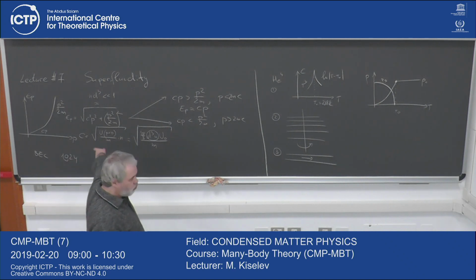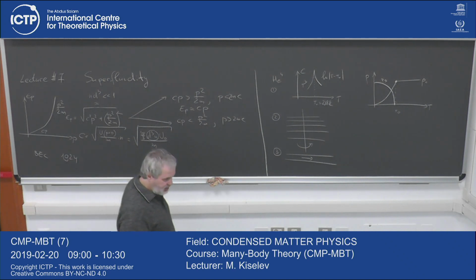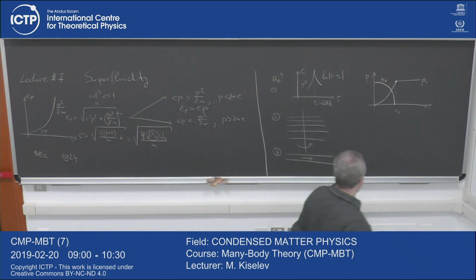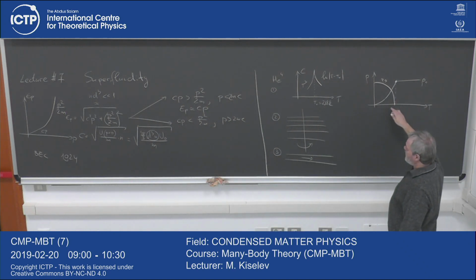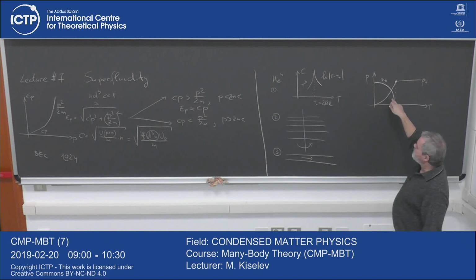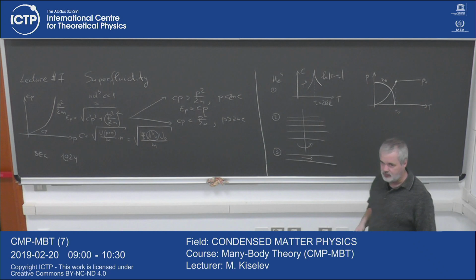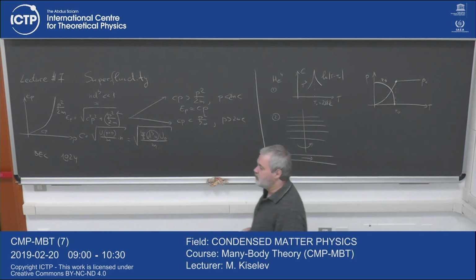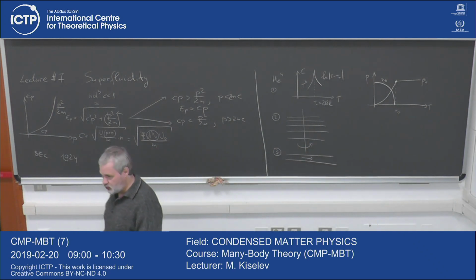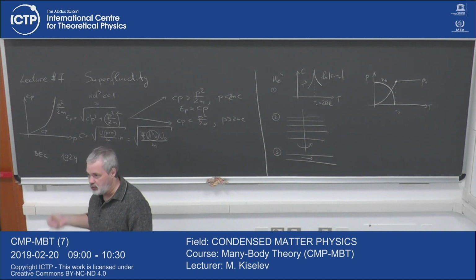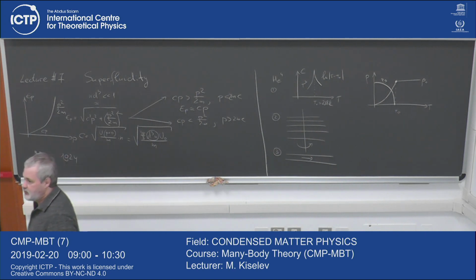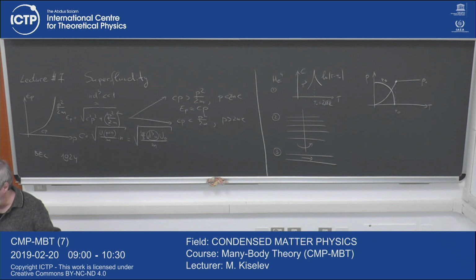And coming back to the discussion of Bose-Einstein condensation, it looks like the phase transition which we are discussing is related to the appearance of the superfluid component. So this is a transition to the superfluid state, and what we are going to discuss today are different manifestations of superfluidity and simple explanations of this phenomenon. Okay?